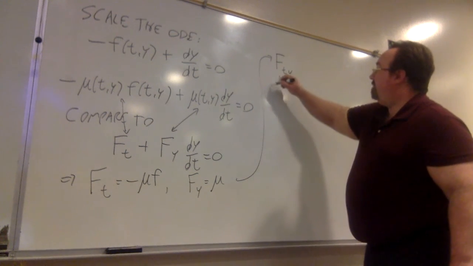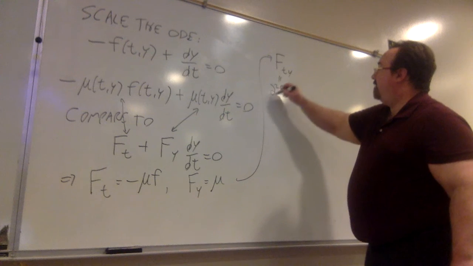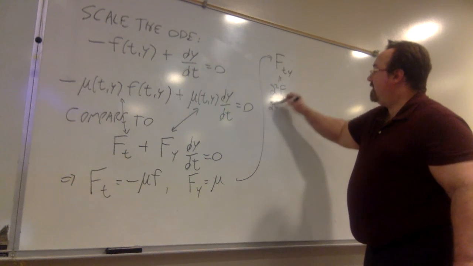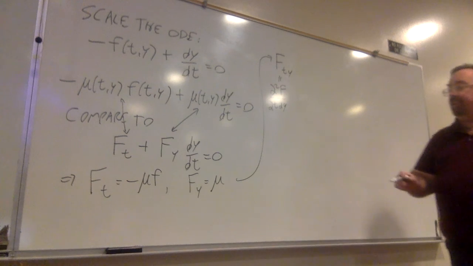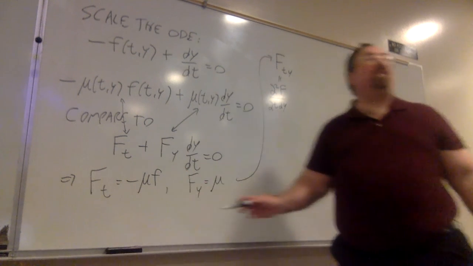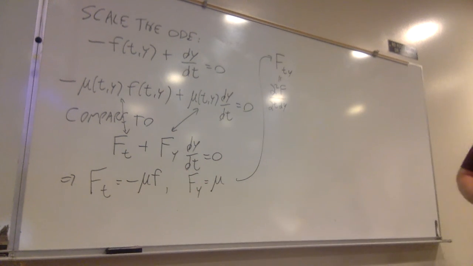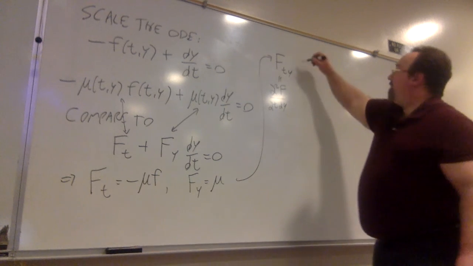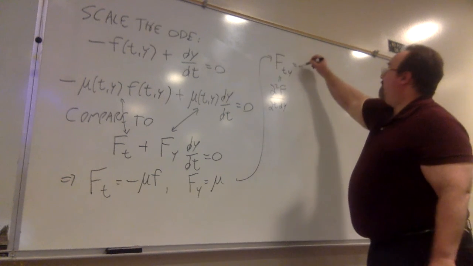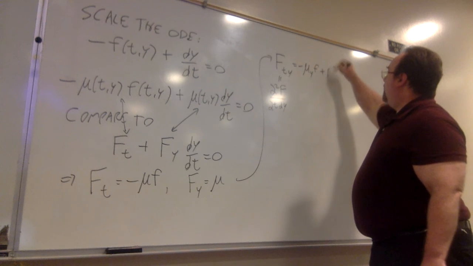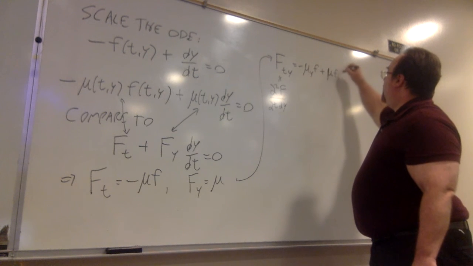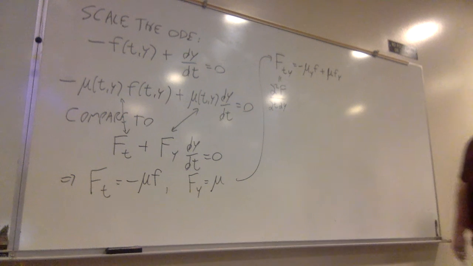So this is the same thing as the second derivative of capital F with respect to t and y. This is a shorthand for it. Now on the right side, I have a product. I'm differentiating with respect to y also. I have to use the product rule. So I get minus mu_y f plus mu f_y. Okay.